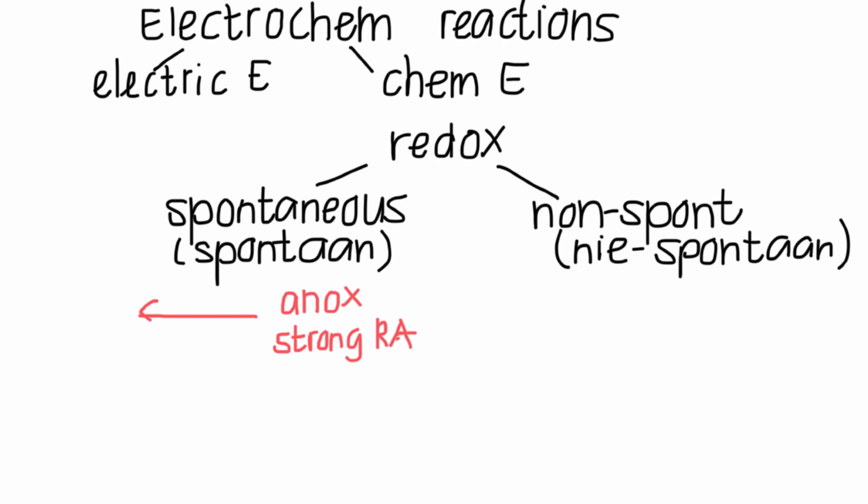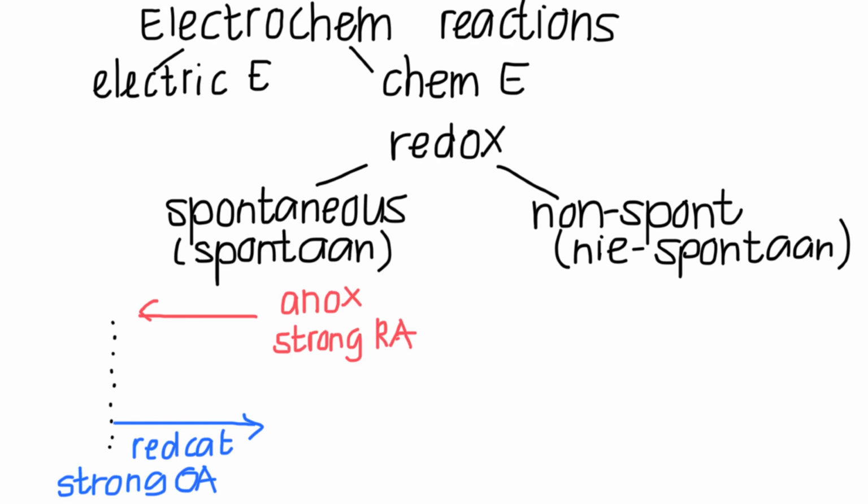Read it from right to left. Then move down until you get to the oxidizing agent, which will then be at the bottom and will be strong. It will therefore be the red cat, reduced at the cathode, and the reaction will be read from left to right.